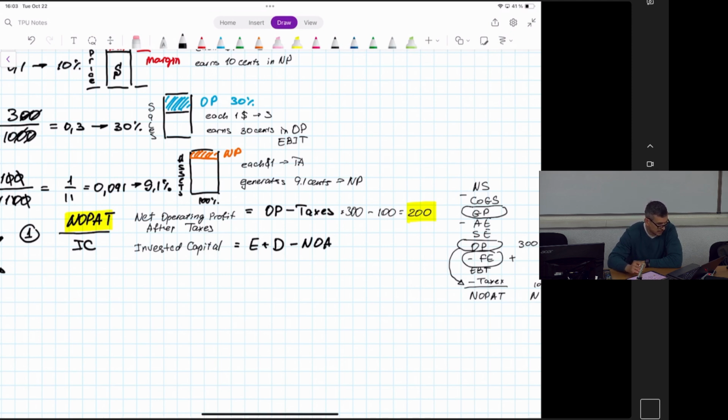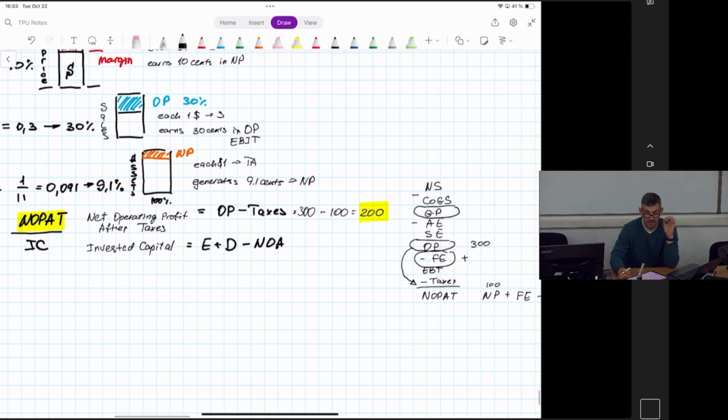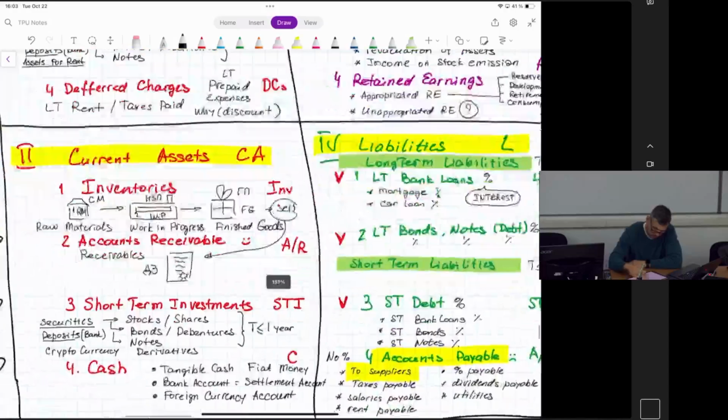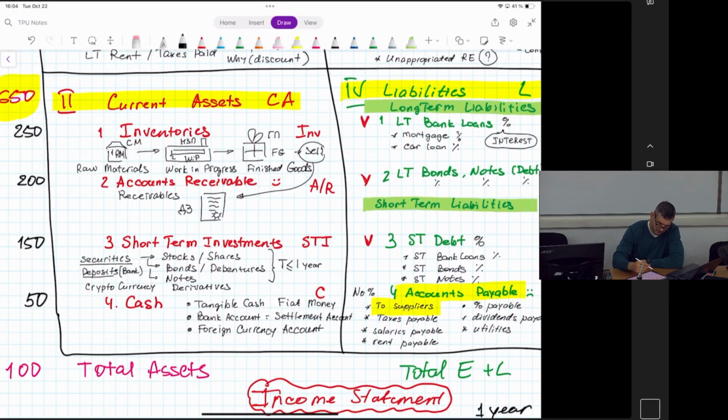So net operating assets, what's the idea here? We have the operating liabilities, like I said, salaries payable, accounts payable, taxes payable. In the same way, in the assets, we have net operating assets, which are here.